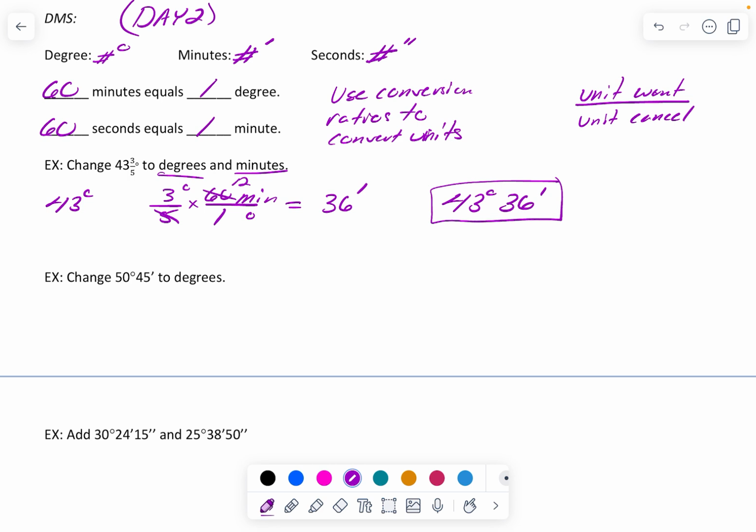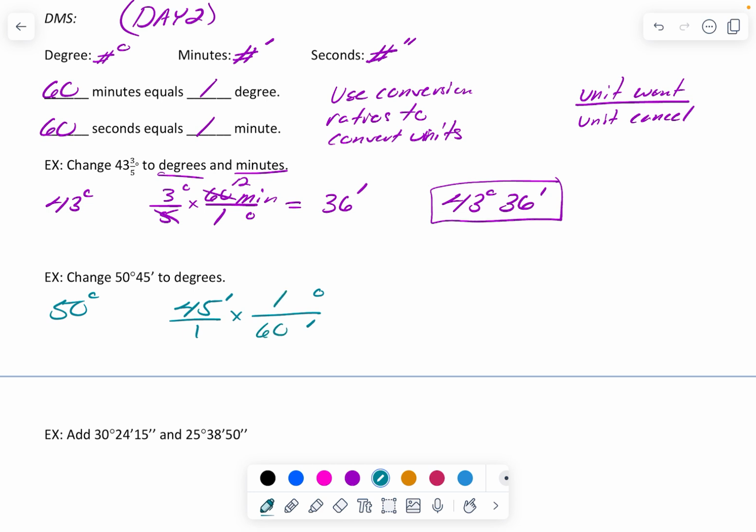Now we want to change all of this to degrees. So we already have our 50 degrees, right? The question is this 45 minutes, I'm going to put it over 1. We want to go from minutes to degrees. And so there are 60 minutes in 1 degree.